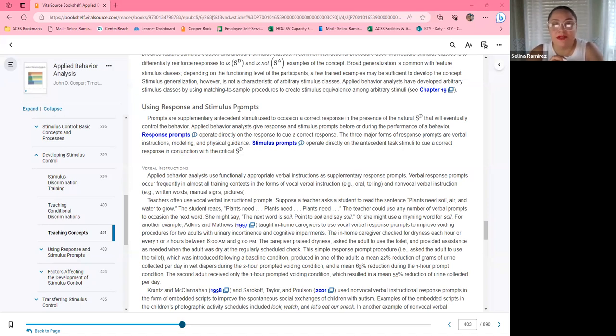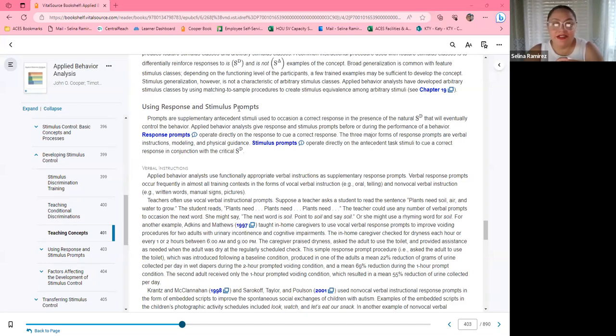So prompts are supplementary antecedent stimuli. So we know that prompts always occur in the A part of our ABC, used to occasion a correct response in the presence of natural SD, and will eventually control the behavior. Applied behavior analysts give response and stimulus prompts before or during performance of a behavior.